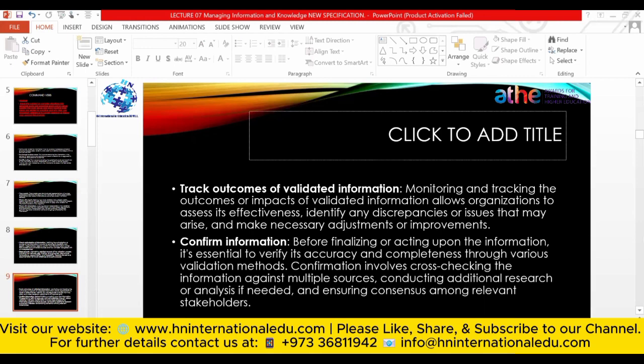Obviously we research it. We research when we are studying a particular topic. Confirmation involves cross-checking the information against multiple sources, conducting additional research or analysis if needed, and ensuring consensus among the relevant stakeholders. When we are giving the example of an organization in the corporate sector, why is information confirmation necessary?